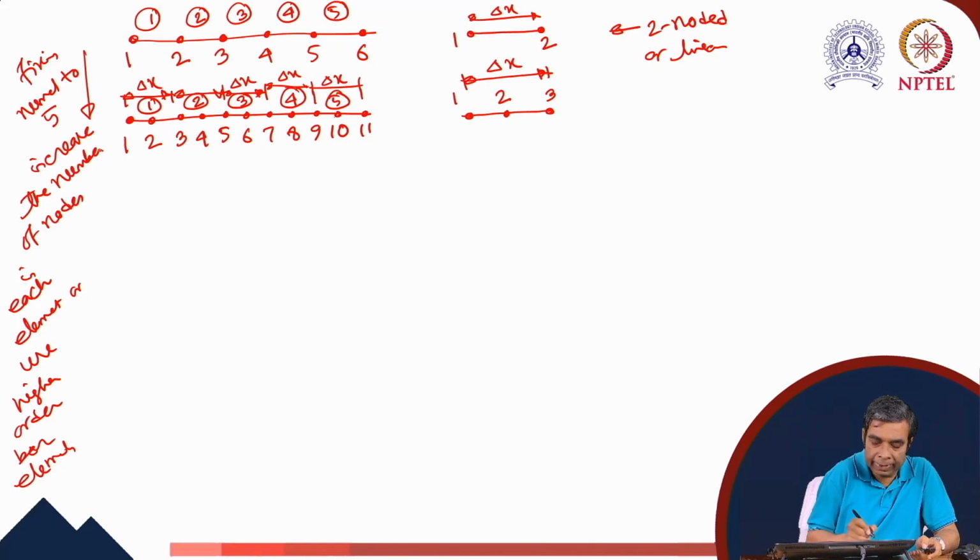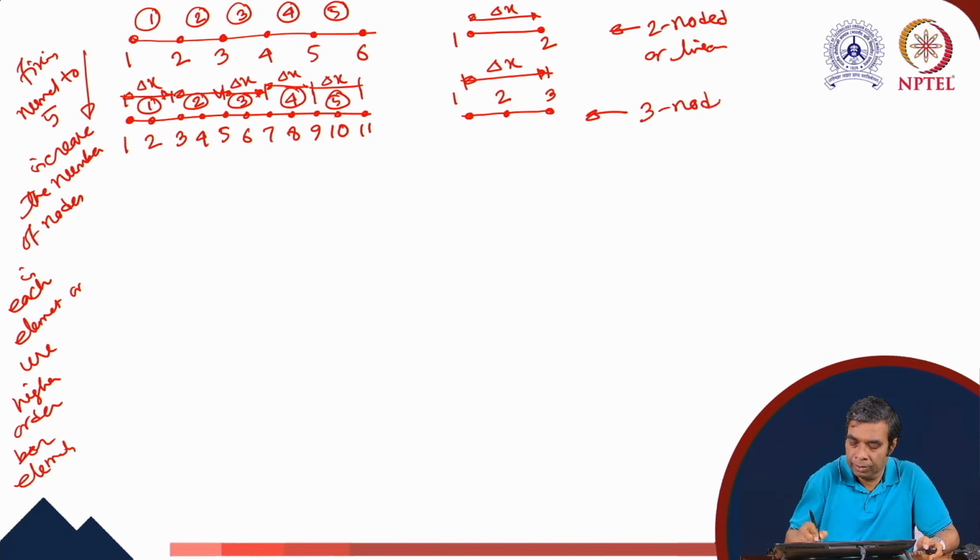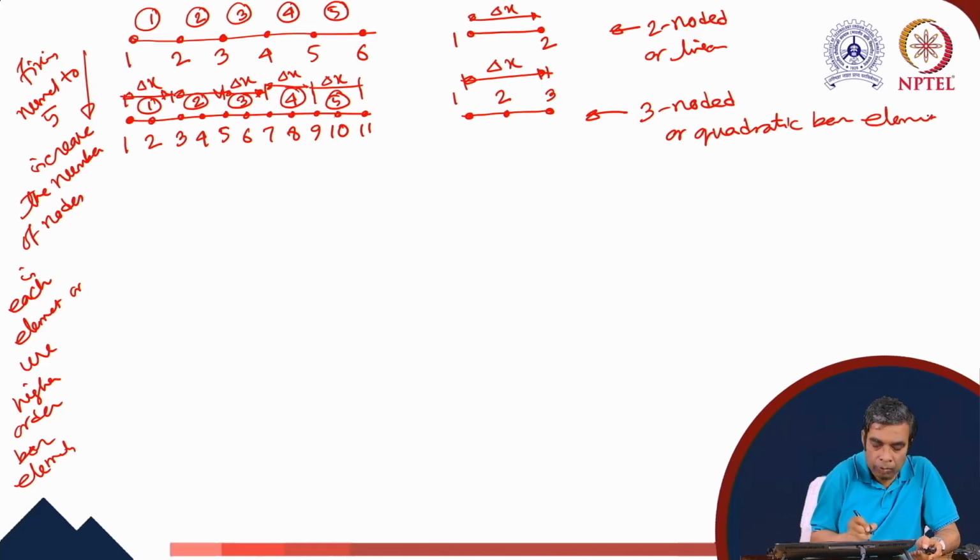So for this case, our element contains 3 local nodes and we have 11 global nodes. We have 5 elements, so this is the 3-noded or quadratic bar element. Now we can go to another case. This was case 1, this was case 2.